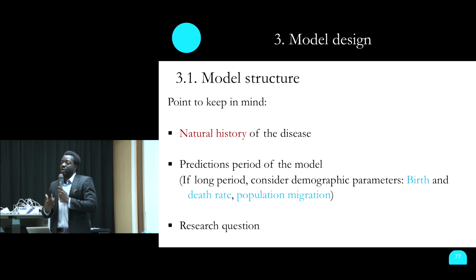The same way when you're doing any kind of research in epidemiology or in public health, the type of research question that you have tells you what kind of design you have to follow, cohort study or cross-sectional or qualitative research. So the same way here, your research question will tell you what kind of model structure you need to consider.